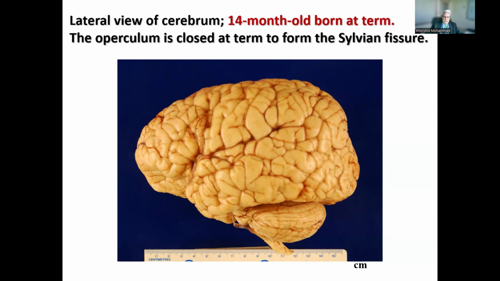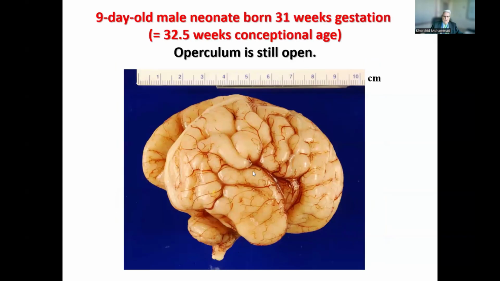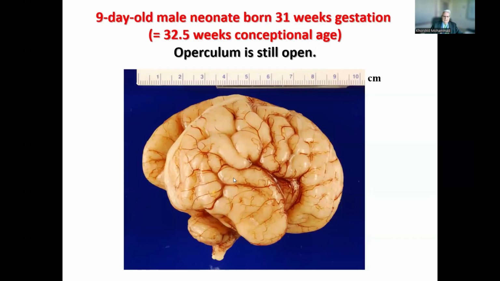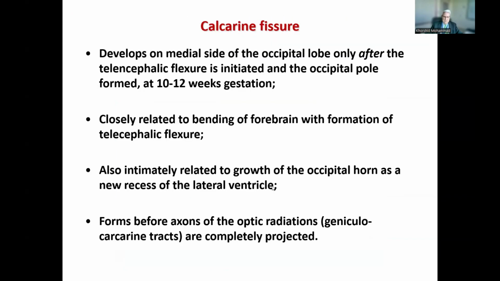You'll notice that the superior temporal gyrus here is well formed, as are the middle and inferior temporal gyri. And even going back in earlier brains, you can see the superior temporal gyrus, not this early, but this one, you can see it well formed, and we'll see why that might be important later.